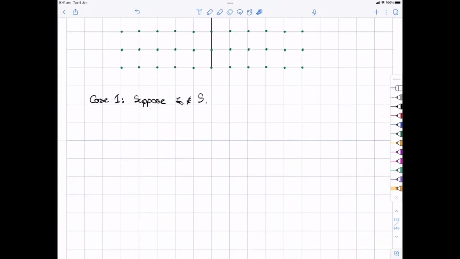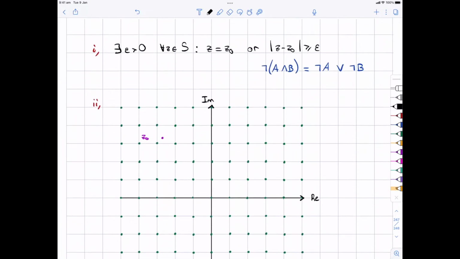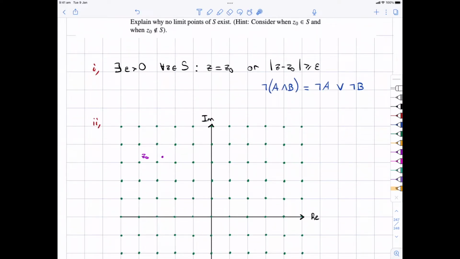So I can say z0 is not equal to z for all values of z in S, since z0 is not in S. So that means I can't prove that it's not a limit point by showing that. I must have to show this.